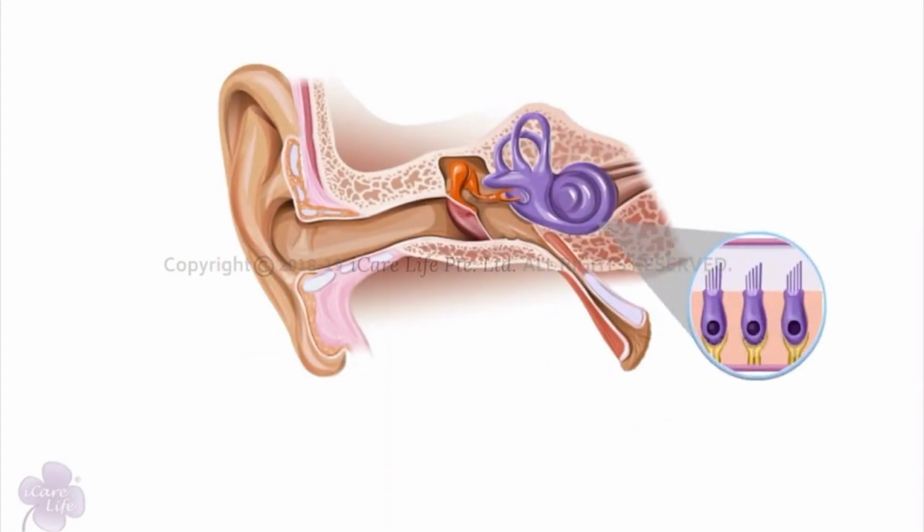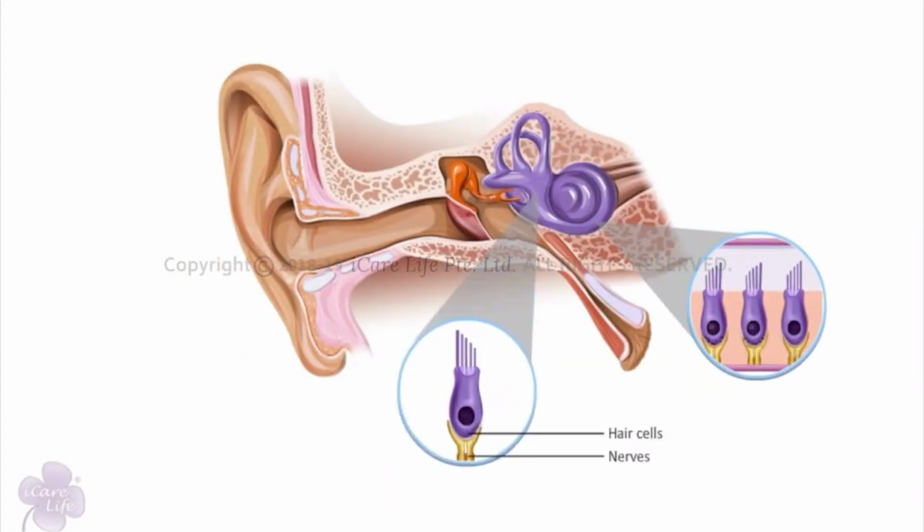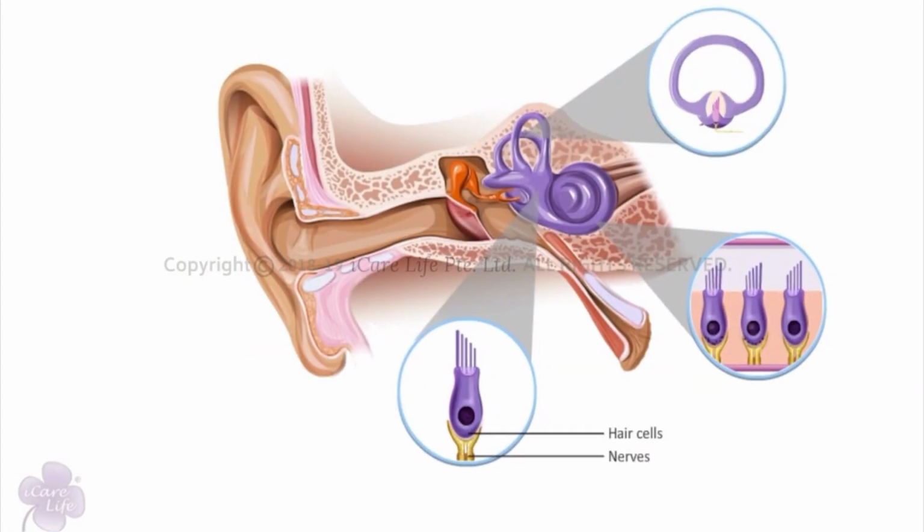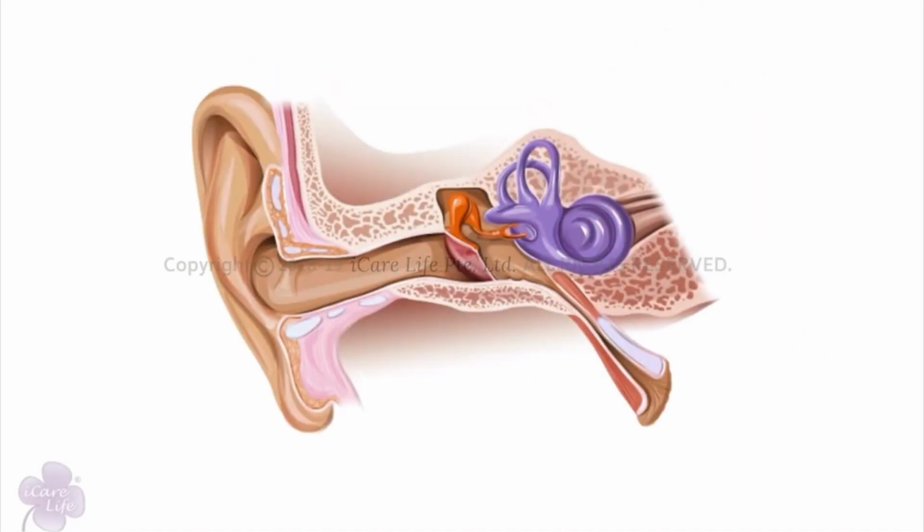All these three structures are filled with fluid and lined with millions of tiny sensitive hair cells, which are connected to nerves. The vestibule is attached to the vestibular nerve, and the cochlea is attached to the cochlear nerve. These nerves are connected to the brain.